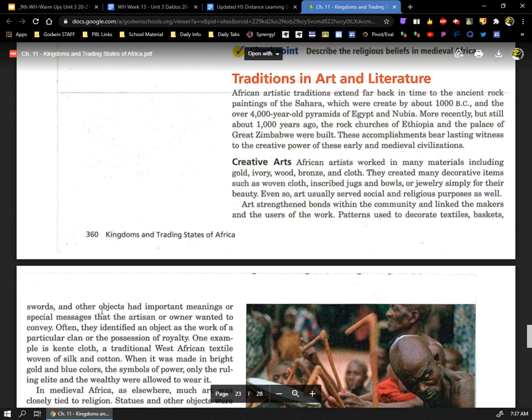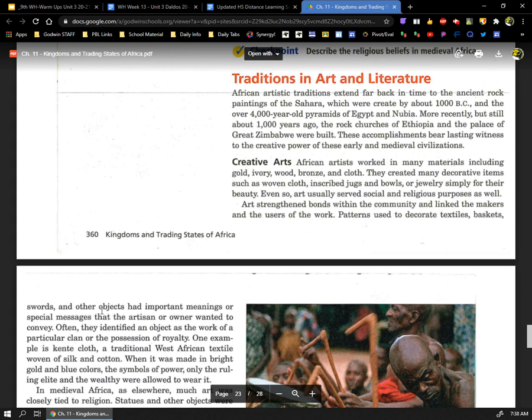Creative arts. African artists worked in many materials, including gold, ivory, wood, bronze, and cloth. They created many decorative items such as woven cloth, inscribed jugs and bowls, or jewelry simply for their beauty. Even so, art usually served social and religious purposes as well.